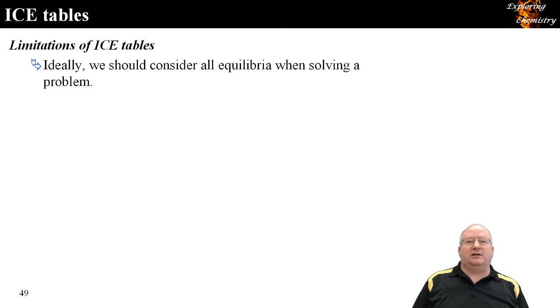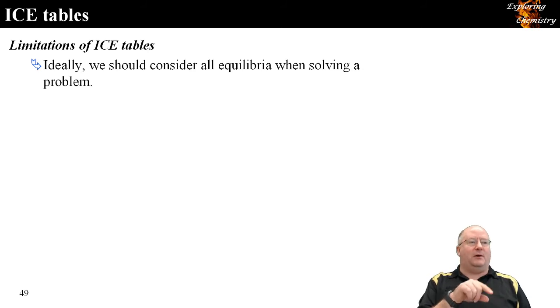What are the limitations of ICE tables? In the ideal world, we would know what's going on in the flask in our reacting vessel, and we would be able to take into account all of the possible equilibria that are occurring there. But we can't know what's going on in there. Often, much of the innovations in science are like, why did that happen?